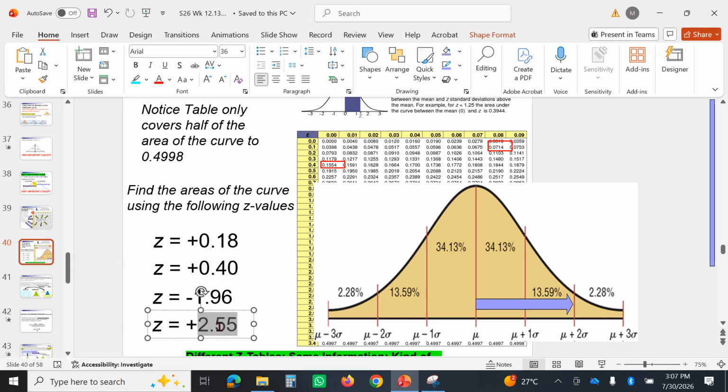We have 0.55, so we've got to go 0.55 over. So now we're looking at the area under the curve almost half. Like it's almost half, right? So we're looking for all of this area under the curve. So it's definitely going to be 34%. It's definitely going to be 13.59.